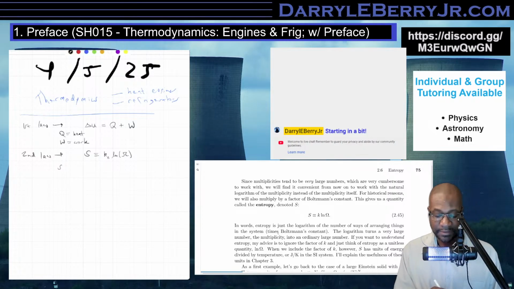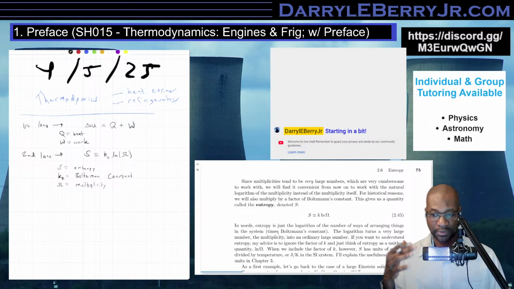So basically S is entropy, KB is the Boltzmann constant, and omega refers to the multiplicity of the system, the number of ways that the microstates can arrange themselves in the system.